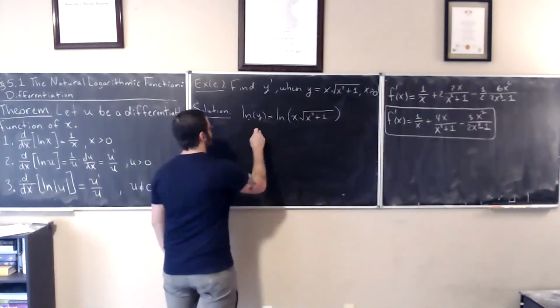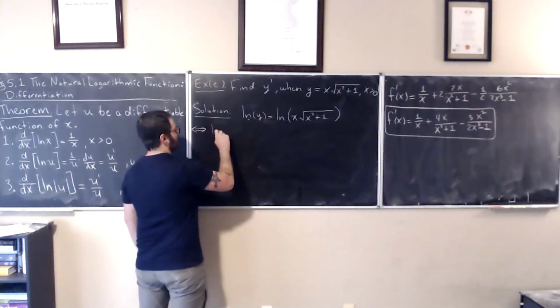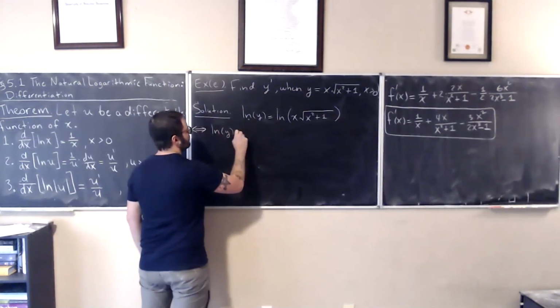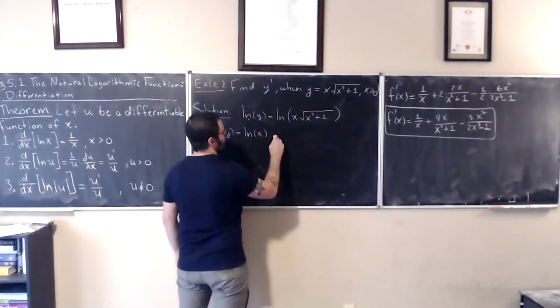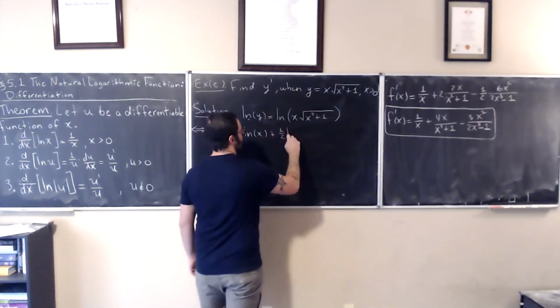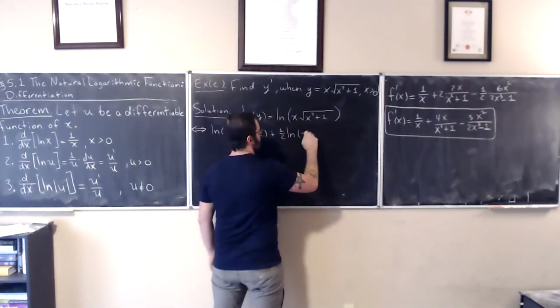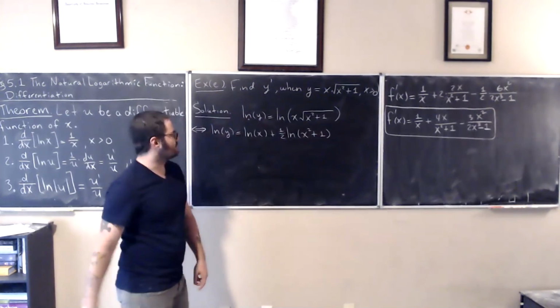Which means that natural log of y is equal to natural log of x plus 1/2 natural log of x squared plus 1. And you should verify that that's the case.